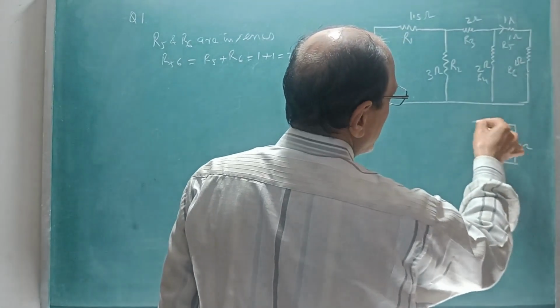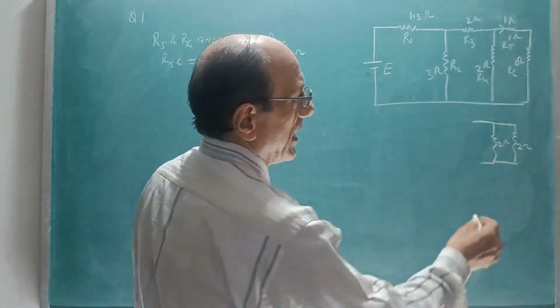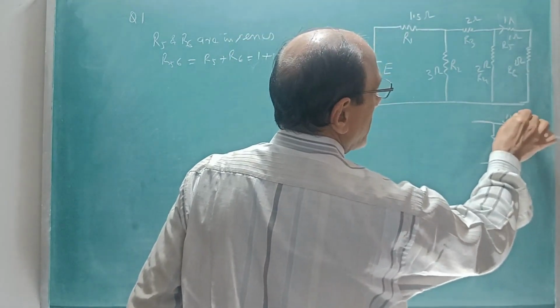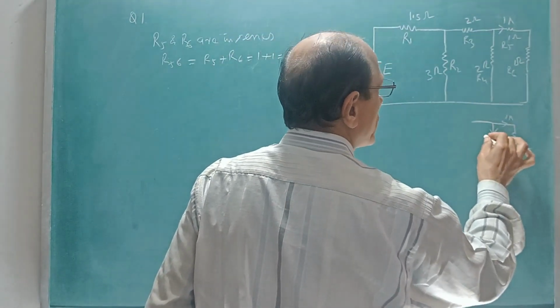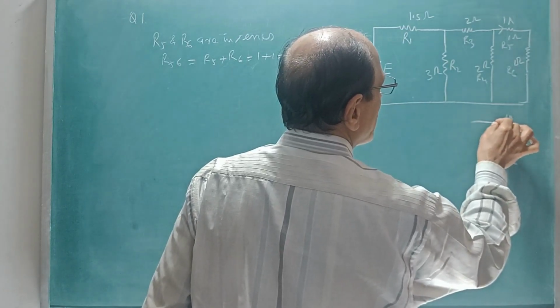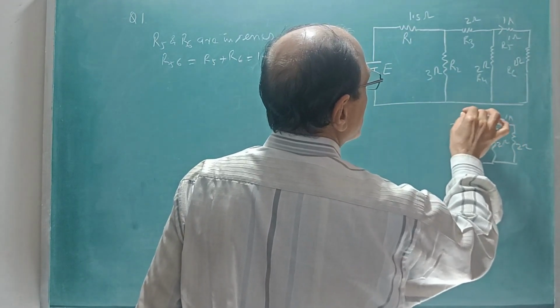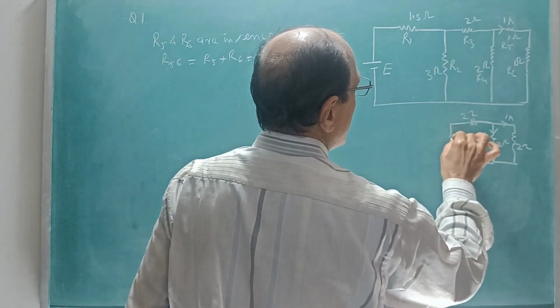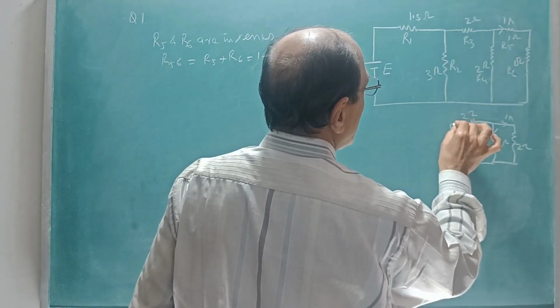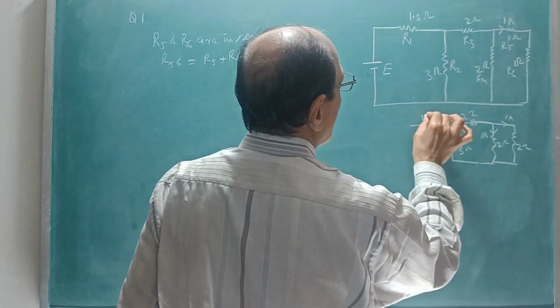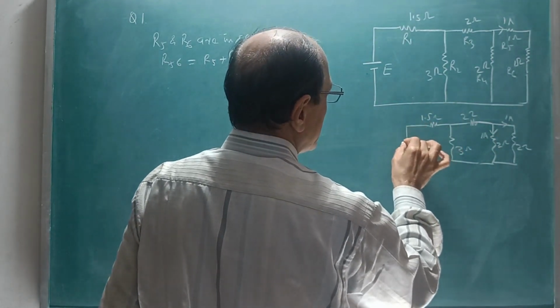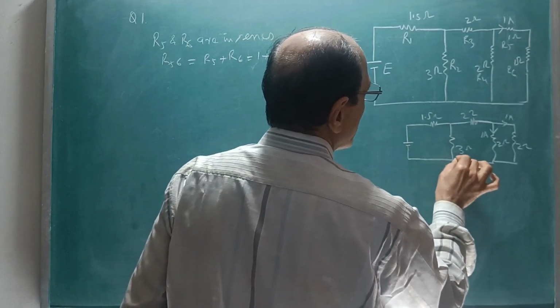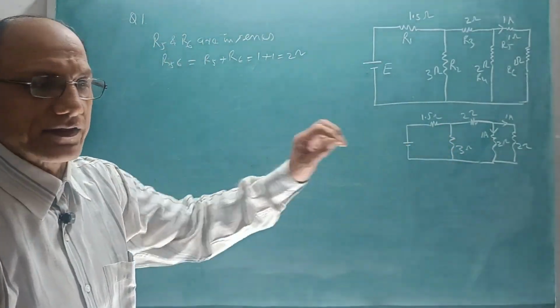Since these two are in parallel and here is 1 ampere current passing through, so definitely there also 1 ampere current has to pass through it. This is 2 ohm and here it is again 3 ohm and this is 1.5 ohm and this is E. So now the equivalent circuit has become like this.